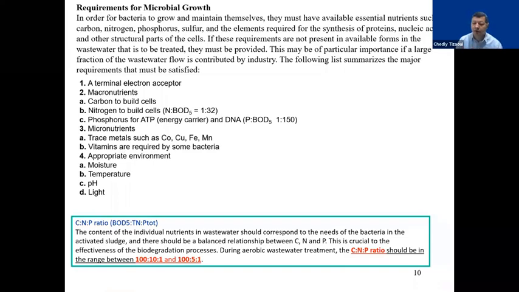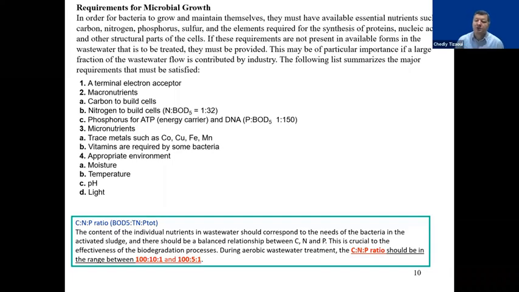In that case, you need to measure how much BOD5, how much TN, and how much phosphorus you have, and then see if those ratios fall within those ranges or not. If they are outside that range, perhaps you need to do something, whether you add more nitrogen or more phosphorus, or find a way to reduce phosphorus, and so on.